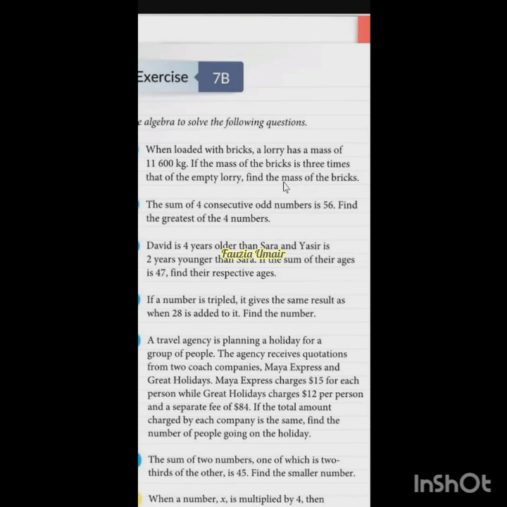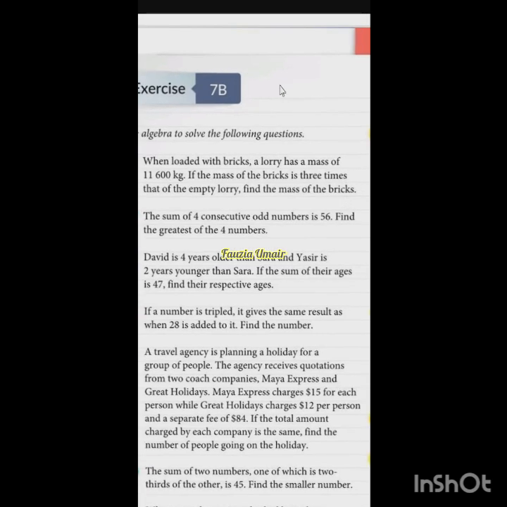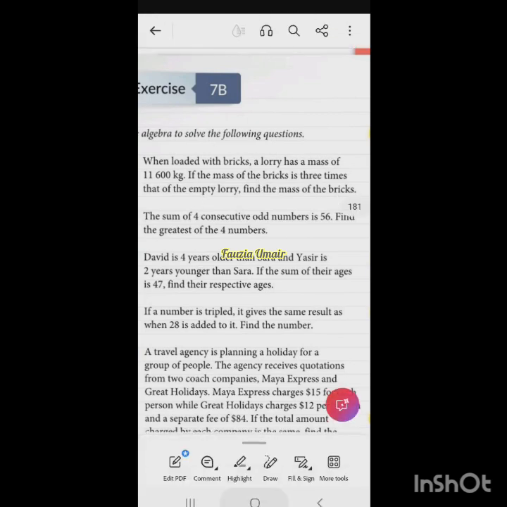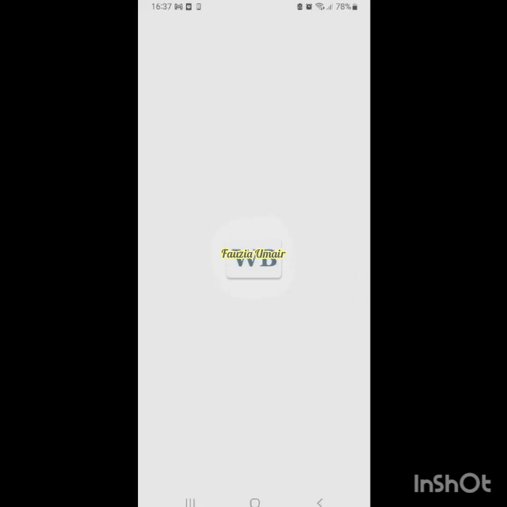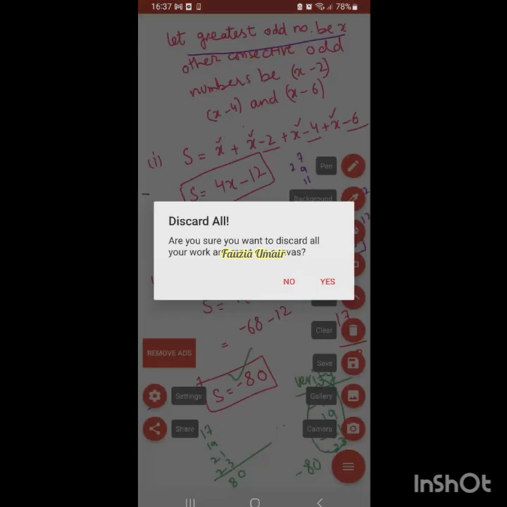So we will start with this assumption. We need to find out the mass of the bricks. So we will say, let X be the mass of the bricks. Usually, whatever thing we have to find in the question, that we will assume.